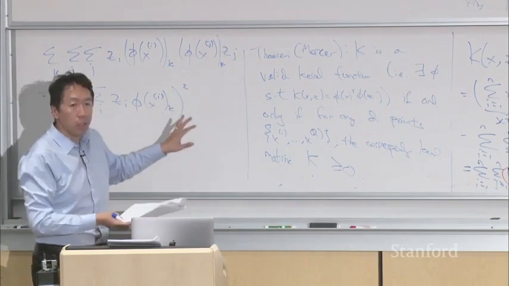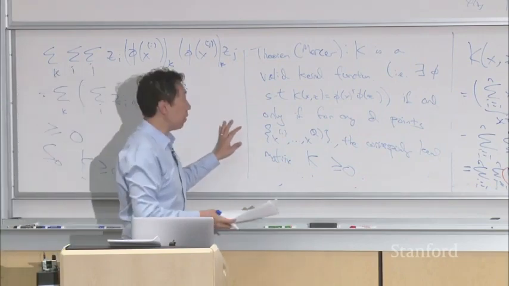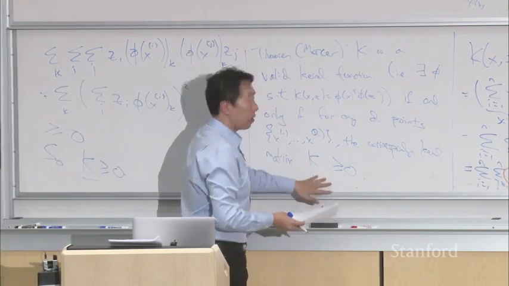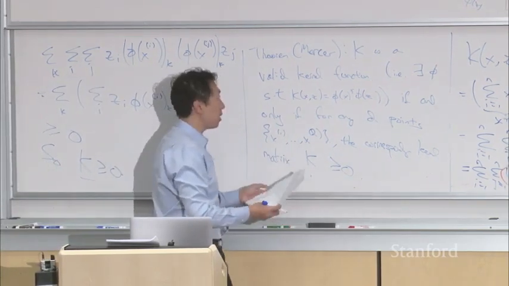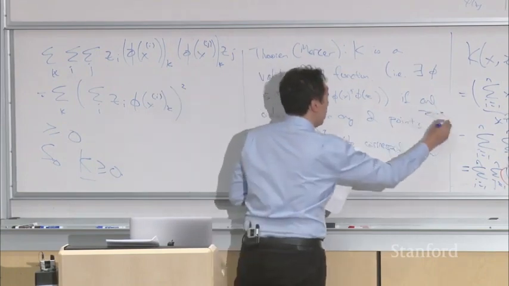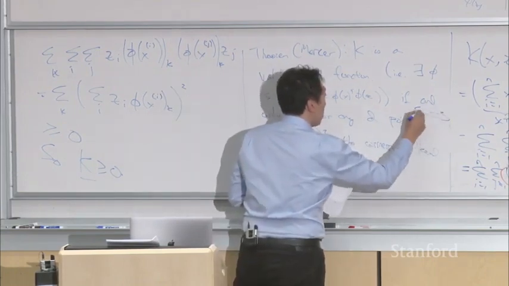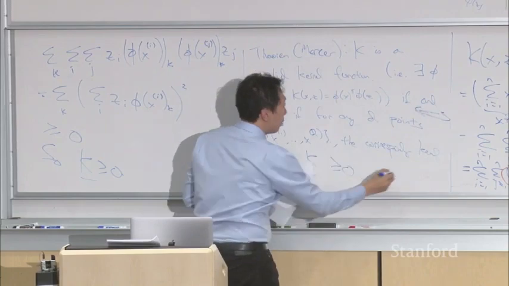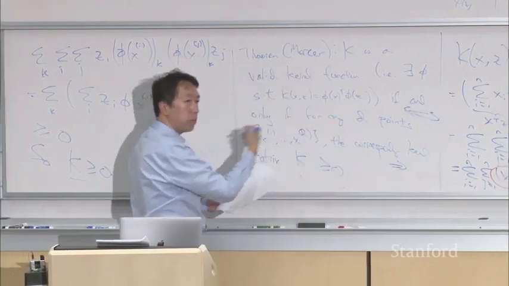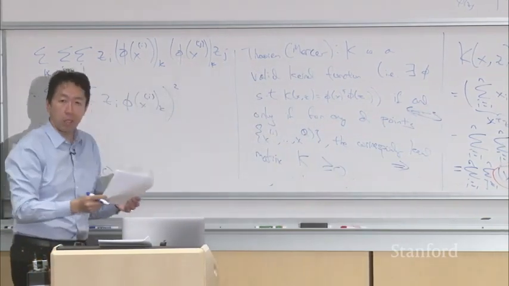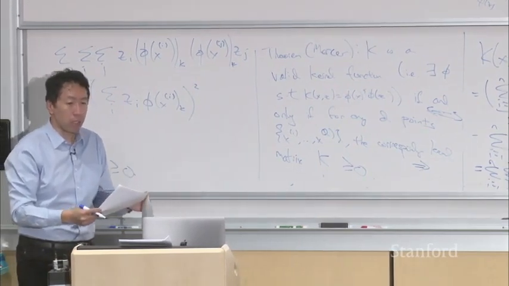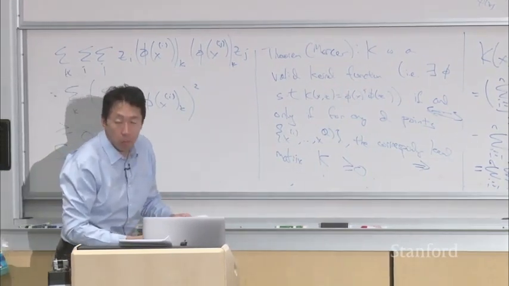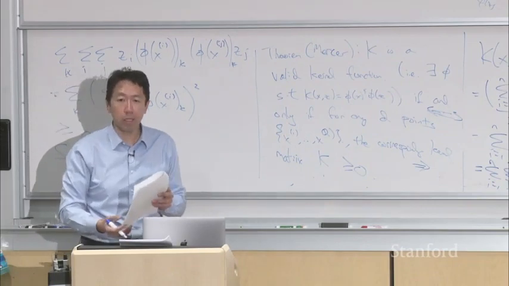This proof outline shows that if it is a valid kernel function, then this is positive semi-definite. This outline didn't prove the opposite direction. It's this if and only if, which shows both directions. So the algebra we did just now proves that direction of the proof. I didn't prove the reverse direction, but this turns out to be an if and only if condition. And so this gives maybe one test for whether or not something is a valid kernel function. Okay?